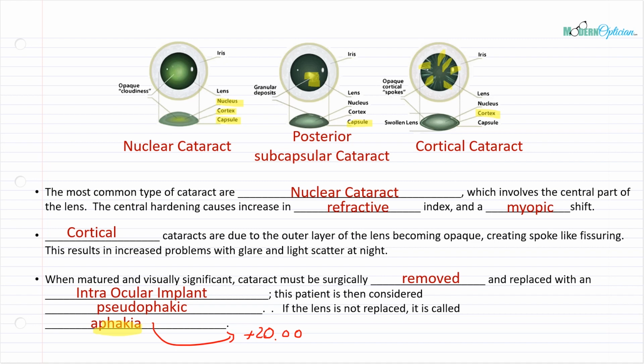However, nowadays you have pseudophakic patients, where that 20 diopters, or somewhere in the neighborhood, varies because these powers are calculated based on refractive error and biometry, which is basically the different lengths of the parts within the eye. This is calculated and put in the implant. The implant is called an intraocular lens, IOL, and the patient typically can see better than they did before, not only because the cataract's been removed.